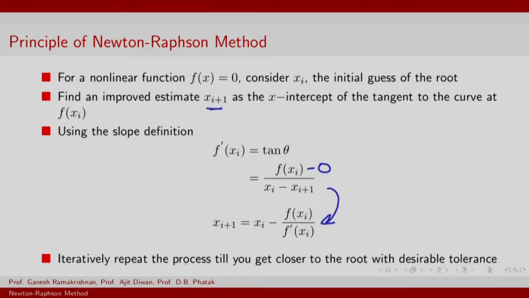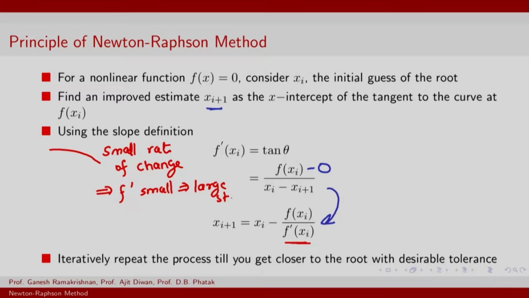The idea is to keep repeating this process till you get closer to the root within some desirable tolerance. As pointed out earlier, you are moving based on the rate of change of the function. The function f could have small rate of change. So small rate of change will mean small values of f prime, and if f prime is small, because f prime sits in the denominator, the reciprocal will be large and therefore lead to large steps.